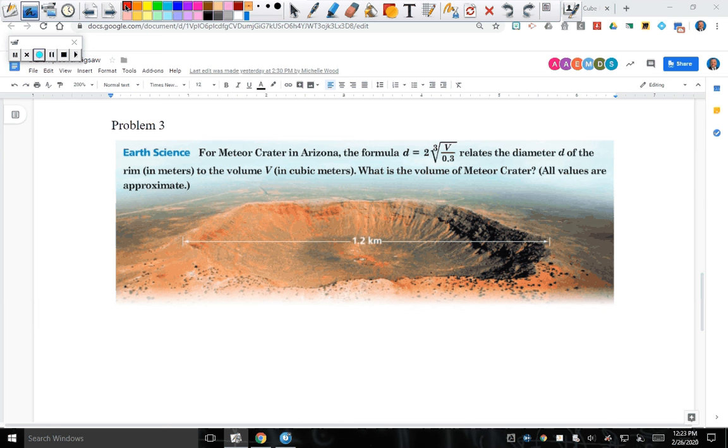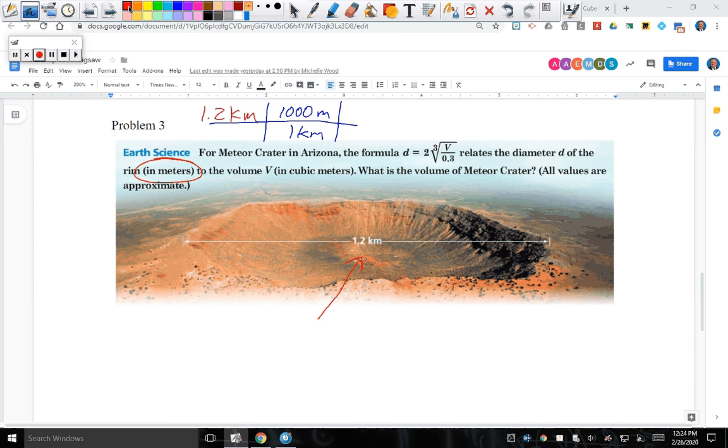ooh, I overlooked this. I need to bring attention to that. It said the diameter in meters, and this is in kilometers. I have 1.2 kilometers right now. How do I convert kilometers to meters? I can move the decimal over, or just know that 1 kilometer is how many meters? 1,000 meters.